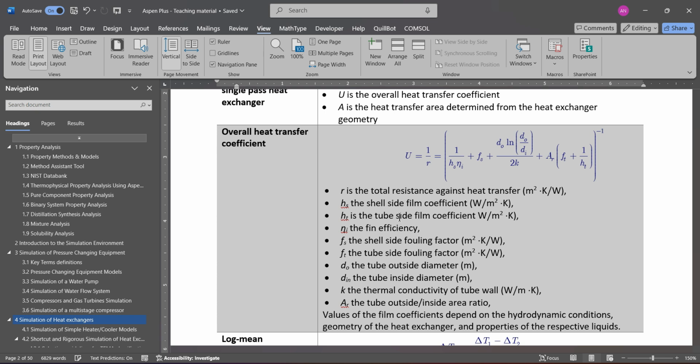You can imagine one convective resistance in the shell side, one convective in the tube side. Then there are two film resistances, one on the shell side and the other one on the tube side, and the fifth one is resistance due to the conduction of heat through the solid material. So these are the 5 resistances, and they account for the overall heat transfer coefficient.